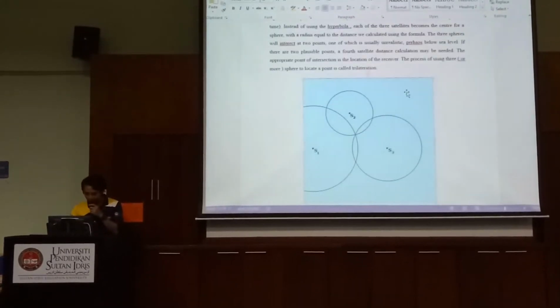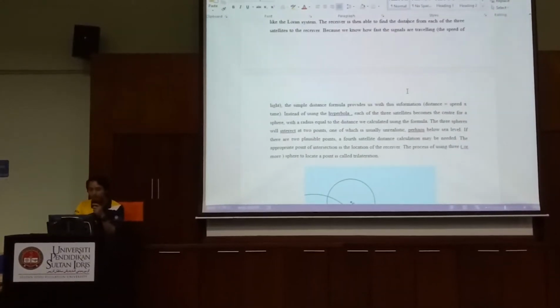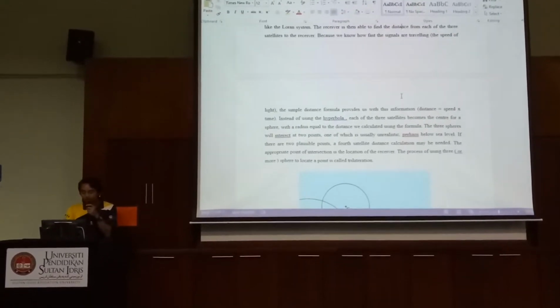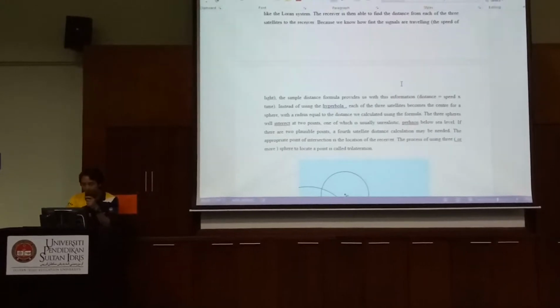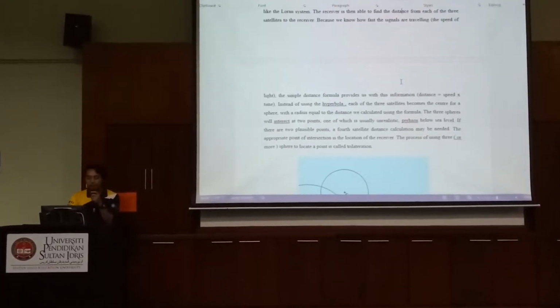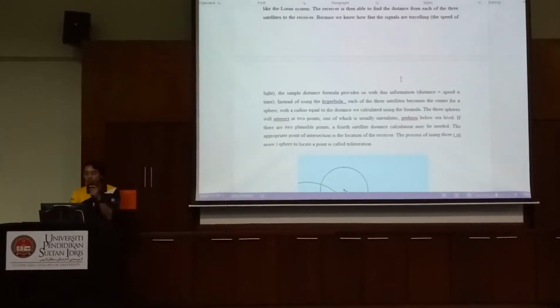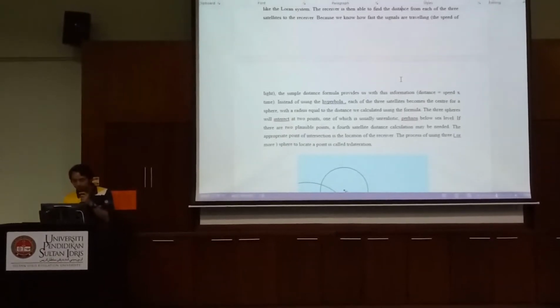The simple formula provides us with this information, which is distance equals speed times time. Instead of using the hyperbola, each of the 3 satellites becomes the center for a sphere with a radius equal to the distance calculated using the formula. The 3 spheres will intersect at 2 points, one of which is usually unrealistic, perhaps below sea level.